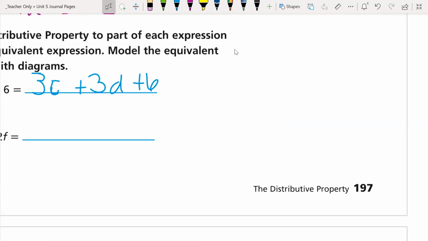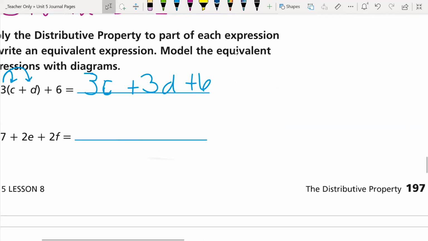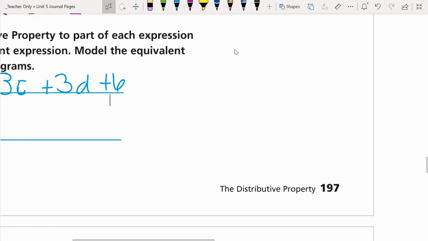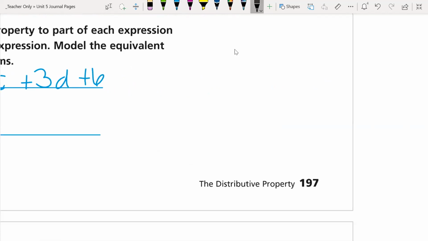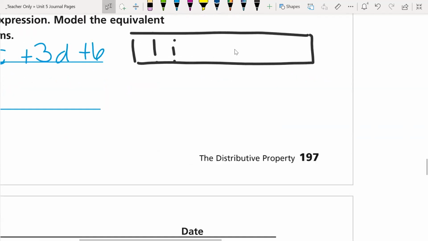And I can model that over here. I'm just going to write this tape diagram, and I have 3 C's, right?